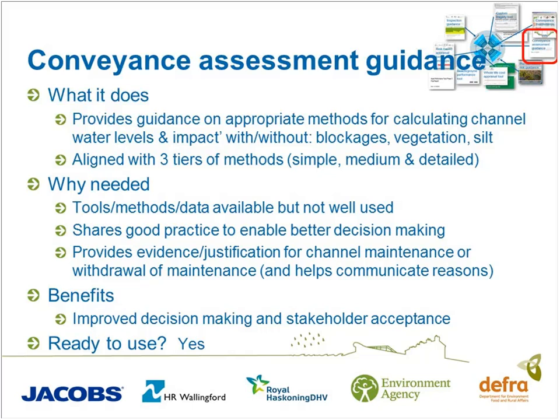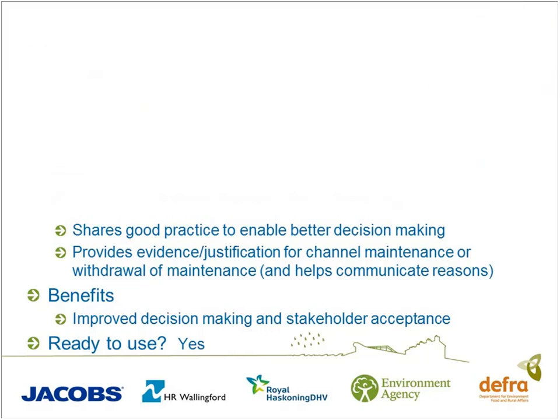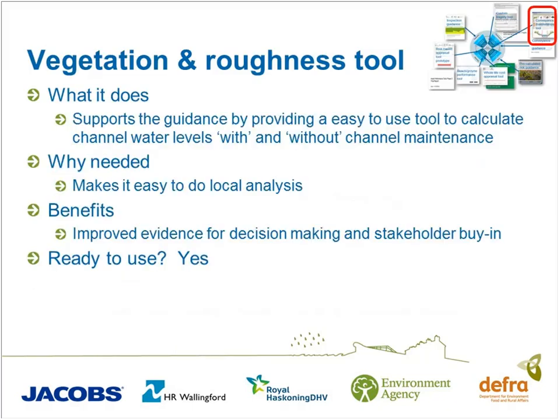It's just a document, but associated with it is the vegetation and roughness tool, which Marta is going to explain more about in her session. It provides guidance for decision-making on maintenance in channels by allowing you to put in a very limited amount of information about that channel, such as dimensions and slope.